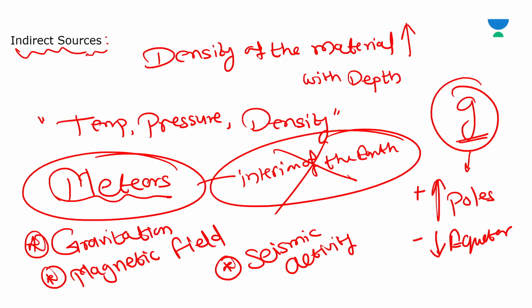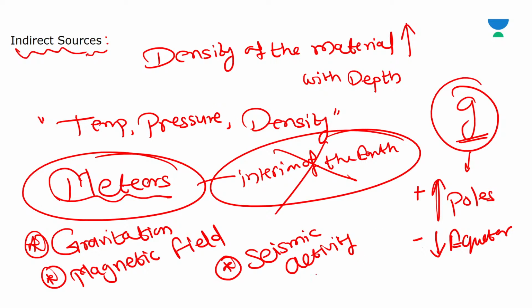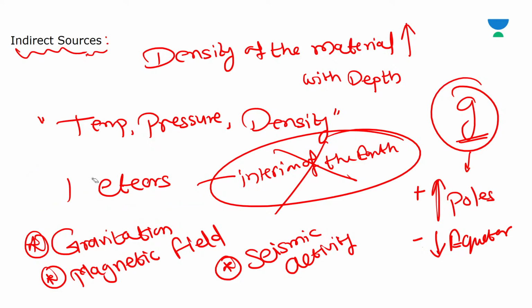Such a difference is called gravity anomaly.